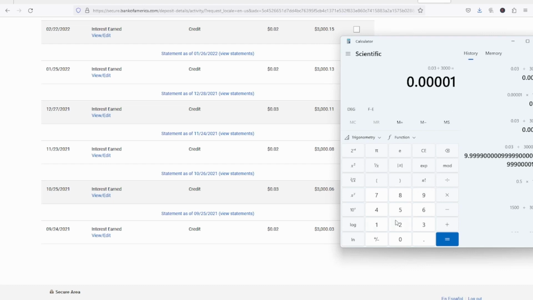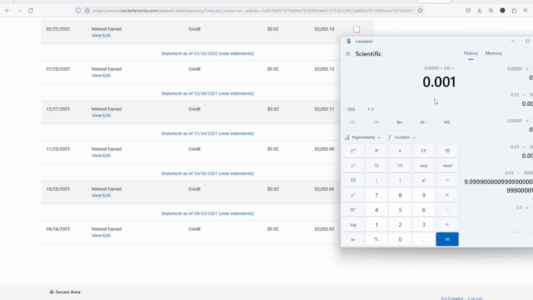That gives 0.0001. We're going to multiply that by 100 to get the percentage: 0.001%. That is what you're getting on a $3,000 balance in your savings account. And if you round this off, it means it's just 0%. You're not getting anything on your savings account.